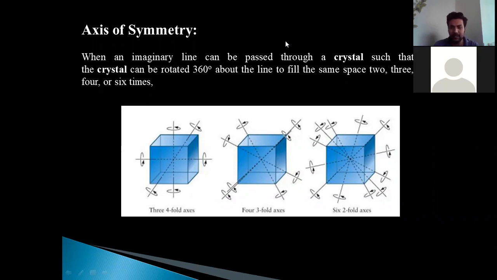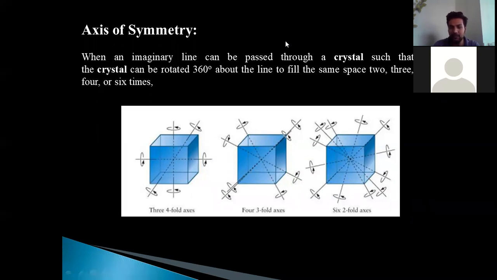At least there should be a repetition of 2. When a single face repeats itself twice on the complete rotation of 360 degrees along an imaginary line, then that imaginary line can be called an axis of symmetry.